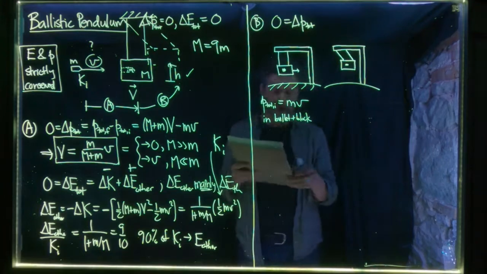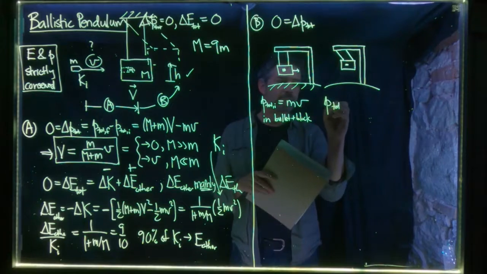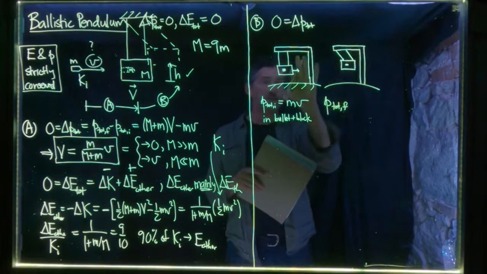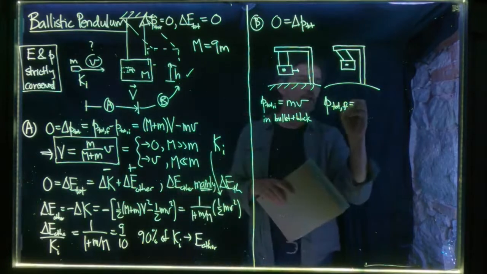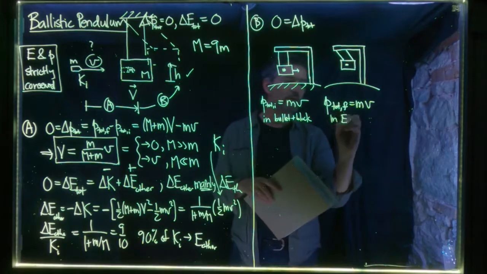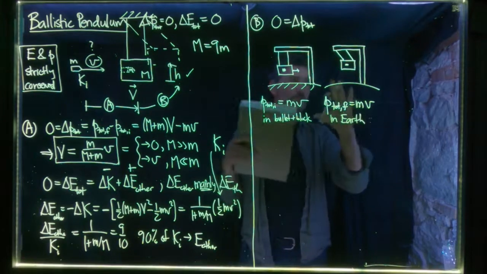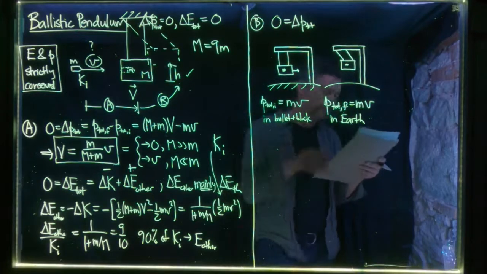So now P total final, which is exactly the same as this momentum, also equal to mv, is now in the Earth. So the Earth has absorbed the horizontal momentum of that bullet block system.